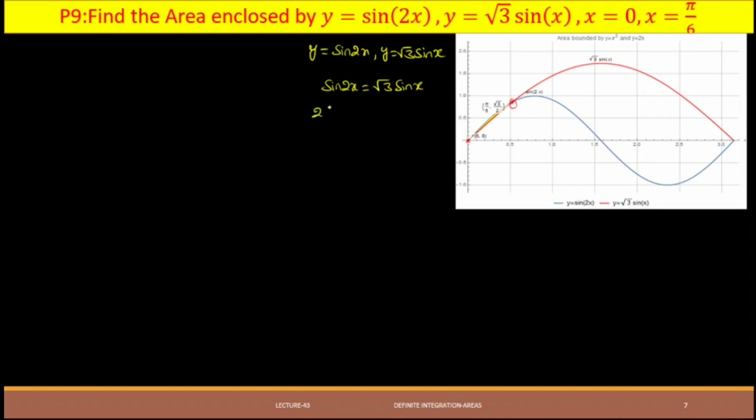So let me write this as 2 sine x into cos x minus root 3 into sine x is equal to 0. Now if I take common sine x, this becomes 2 cos x minus root 3, that is equal to 0, implies sin x is equal to 0.